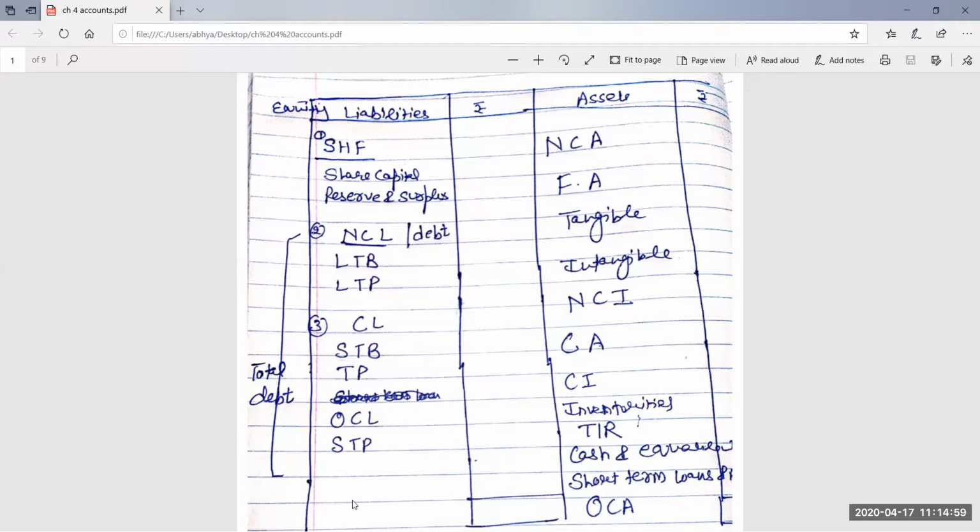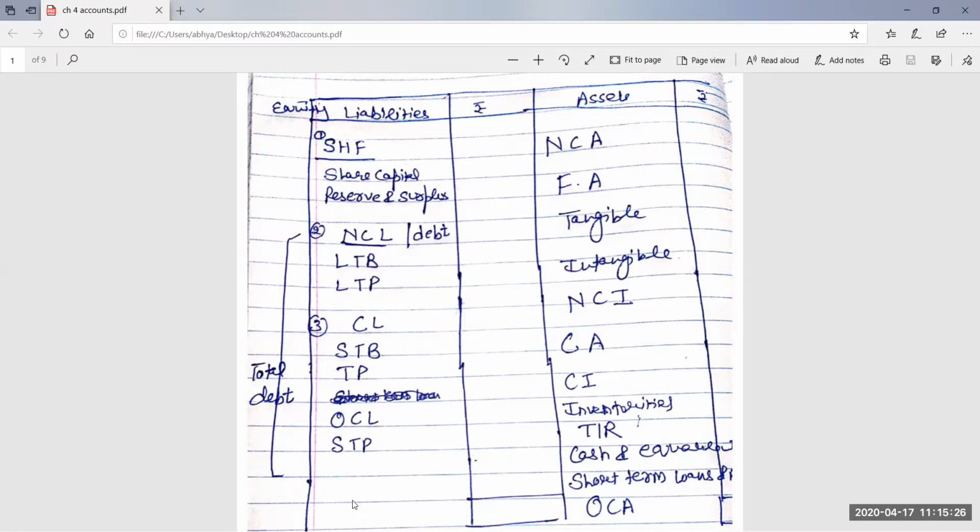Second major head, non-current liability. And you have to learn all the alternate names which I'll be telling, because in a numerical question, any alternate name can be given. So non-current liability, the alternate name is debt. Earlier we were studying 4 subheads.